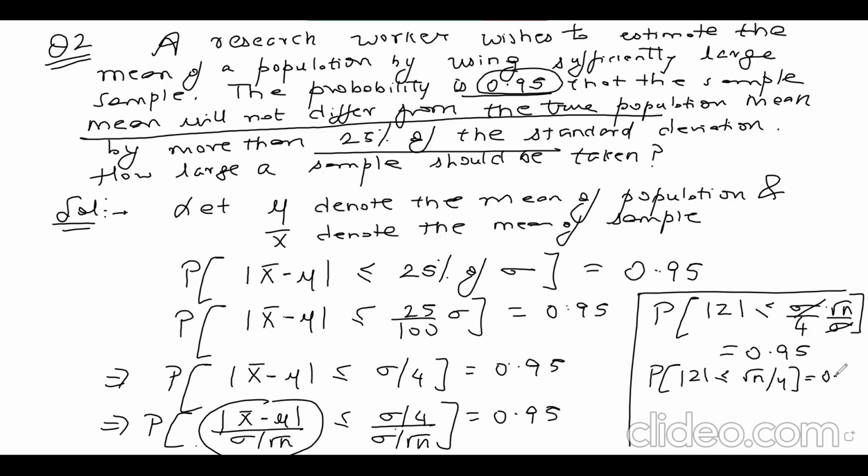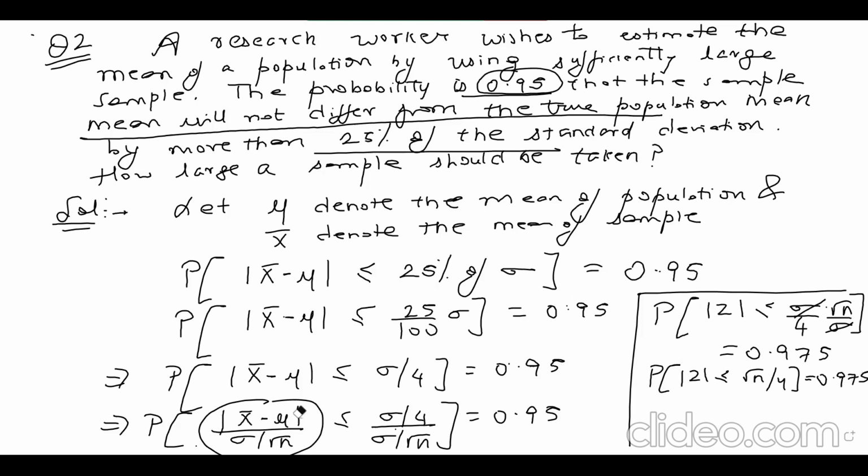Not mod of z actually. If I take mod of z, remember again it's a two-tailed test. Instead of 0.95, I'll have 0.975.